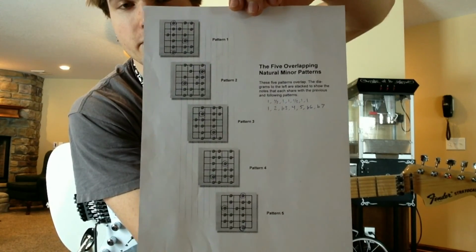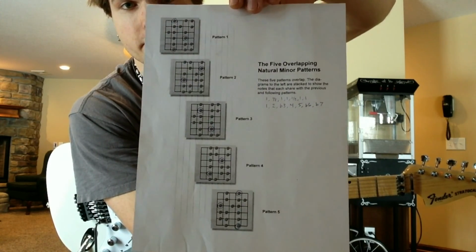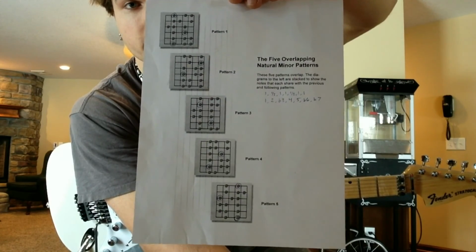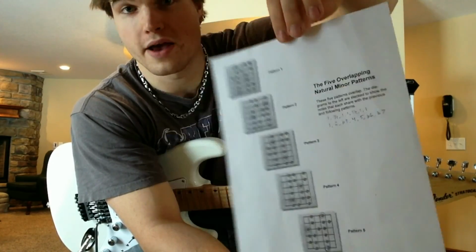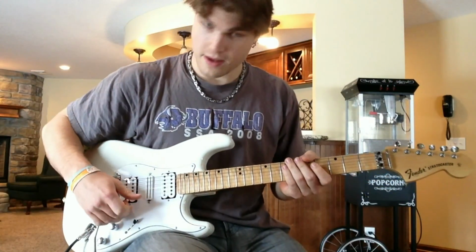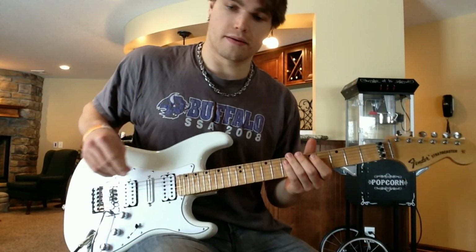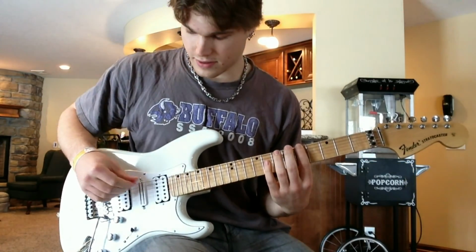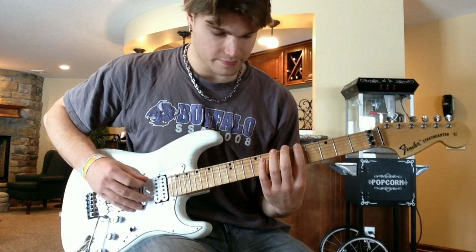If you play pattern 1, you're actually playing natural minor, because the notes are the sequence for the natural minor or Aeolian mode, whatever you want to call it. So if I start playing an A, I'm going to start that first note on the A note, the 5th fret of the 6th string.